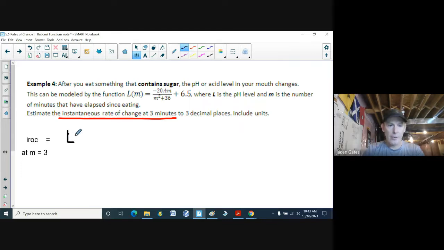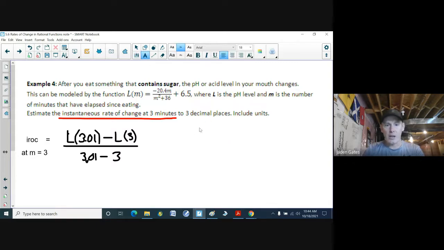So L of 3.01 for a little bit past 3 minutes, subtract L of 3, all over, again, our x2 minus x1, or m2 minus m1 I should say in this case. So 3.01 subtract 3.